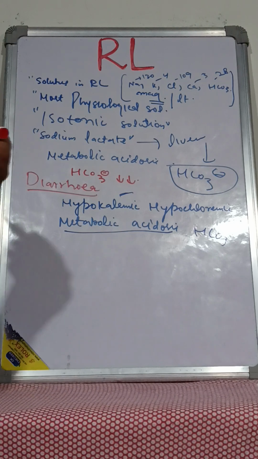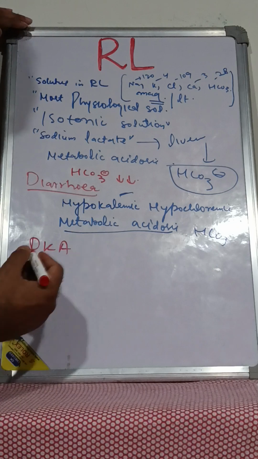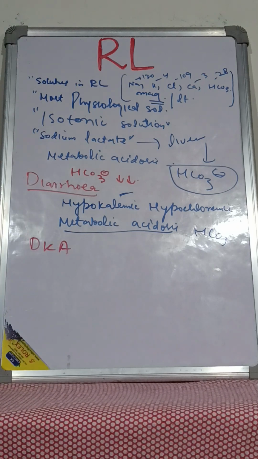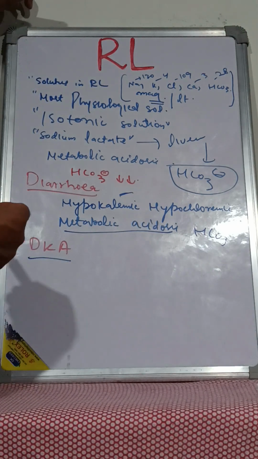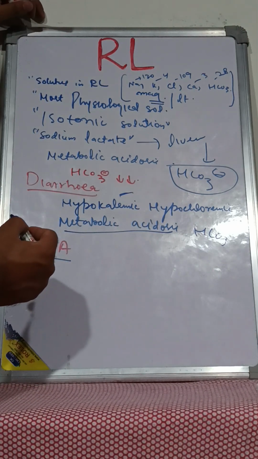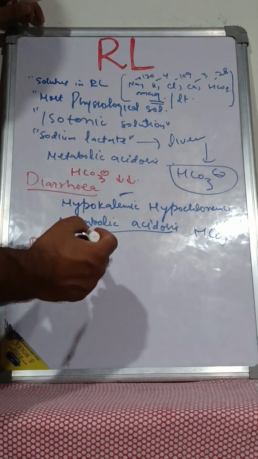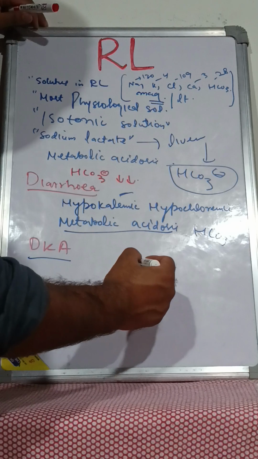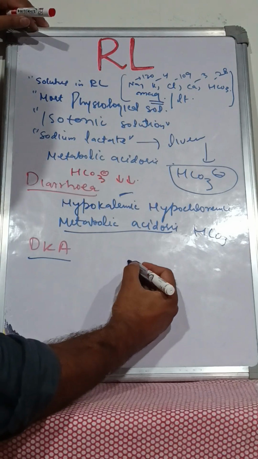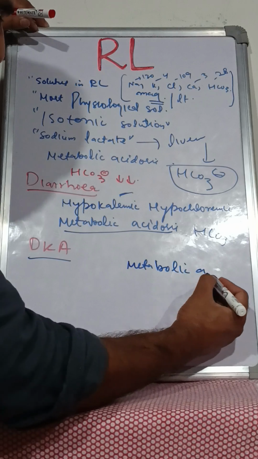Now it is also used in DKA. DKA is a complication in diabetes known as diabetic ketoacidosis. Now, what is bad in DKA? People with DKA have metabolic acidosis.